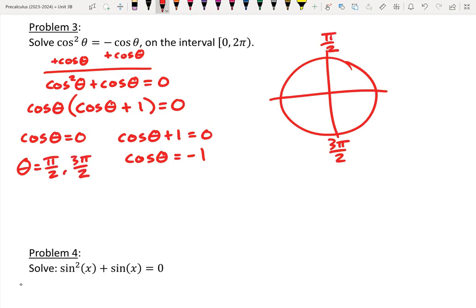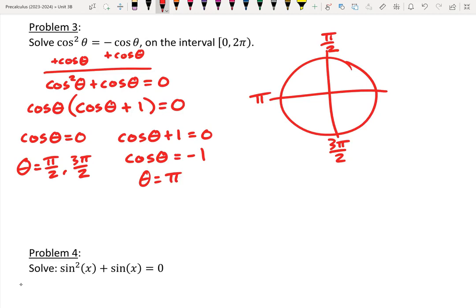All right, next, when is cosine equal to negative 1? At just pi. That's the only place. Theta equals pi. Now, let's look back up at the instructions. Did they ask for all solutions?